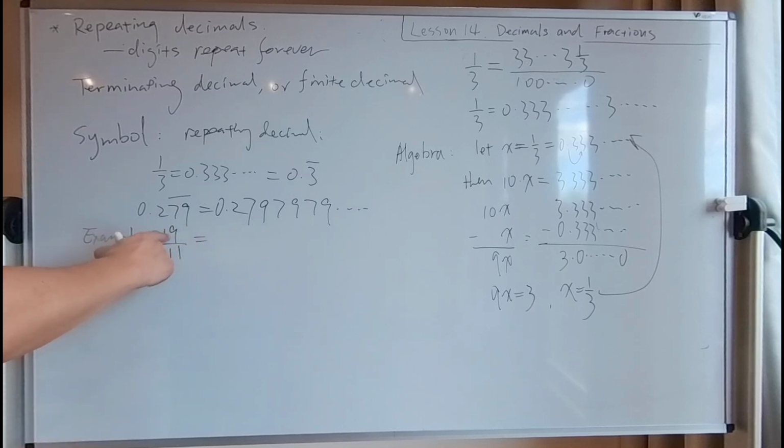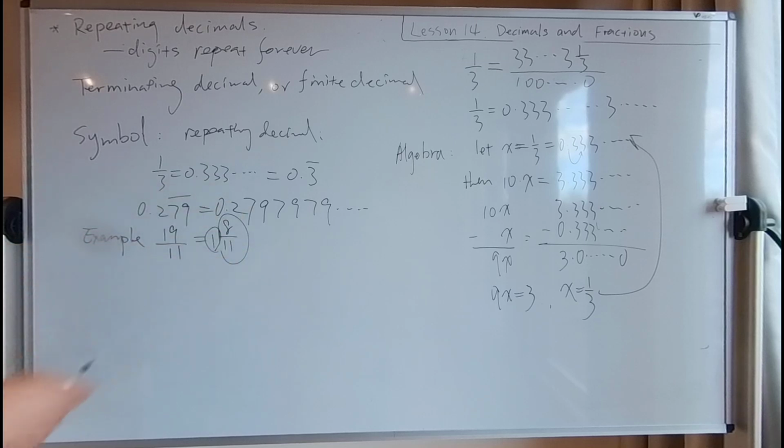Because 19 is greater than 11, it's 1 and 8 over 11. So we already know that on the ones place, on the left-hand side of the decimal point, it is 1. We only need to take care of the component on the right-hand side of the decimal, the component that is less than 1. So 8 divided by 11.